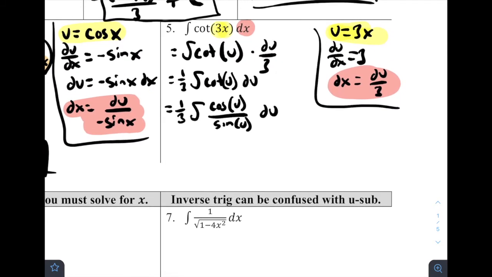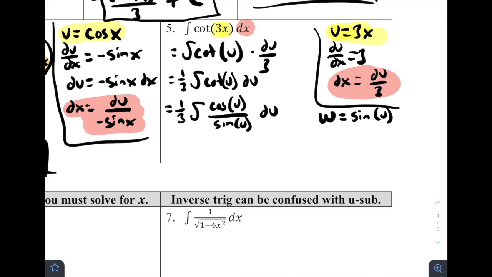Now, I don't want to call this new thing u again because we already did that, so let's use w, like double u. It's our second one. So w is going to be equal to my denominator, sine of u. Well, what's the derivative of that?